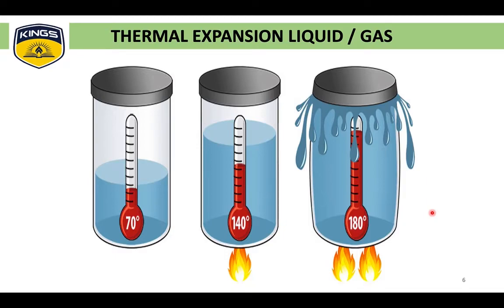In liquids and gases also the same happens. The best example for a liquid is milk. While heating, it expands, that is, the expansion of liquid, and the entire level increases.